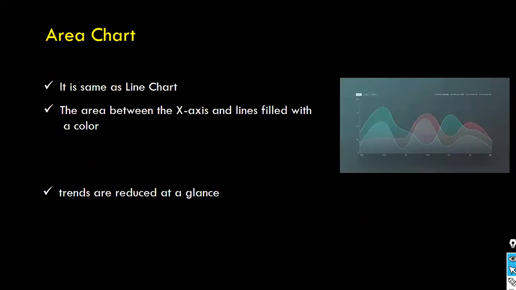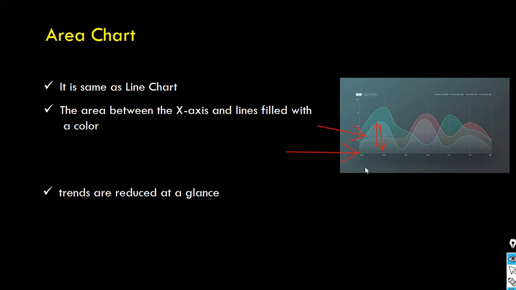Next one is the area chart. It is the same as your line chart. The only difference, if you see here, this is your area chart, and the area between this line and the x-axis is filled with some color.